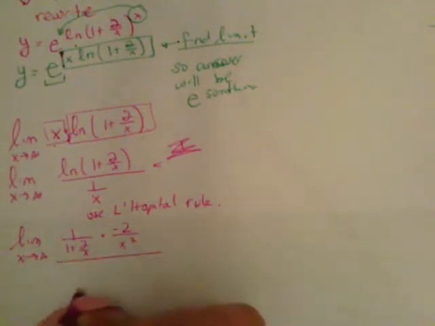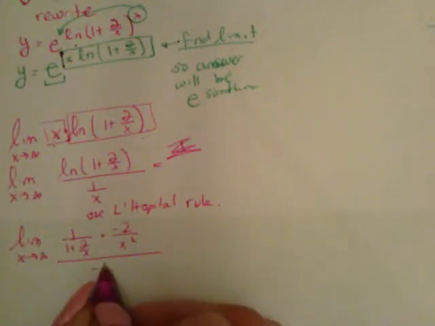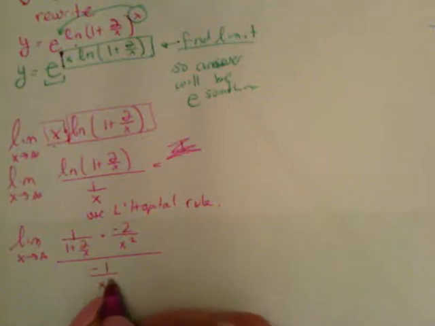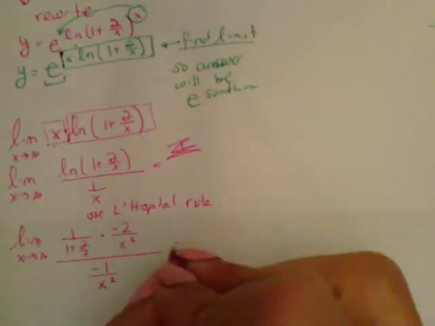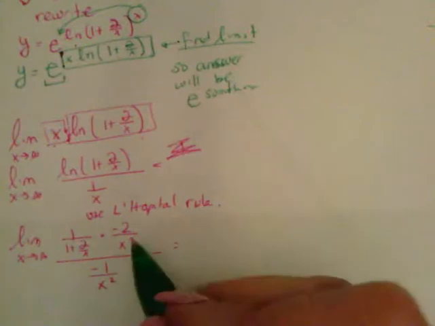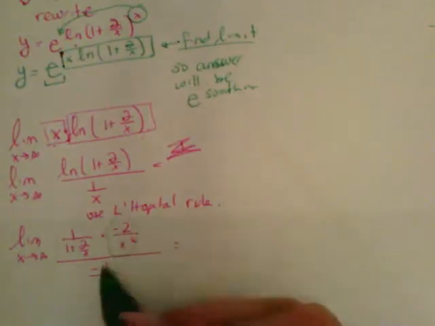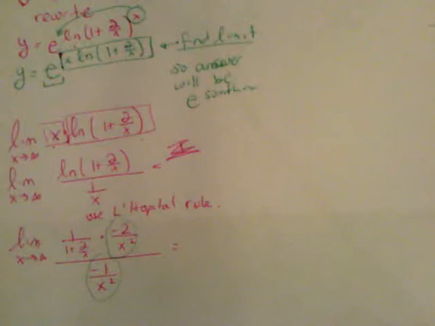And all of that is over the derivative of 1/x, which is negative 1 over x squared. Now, algebraically, you guys should spot something right away: these two do cancel each other out, correct?